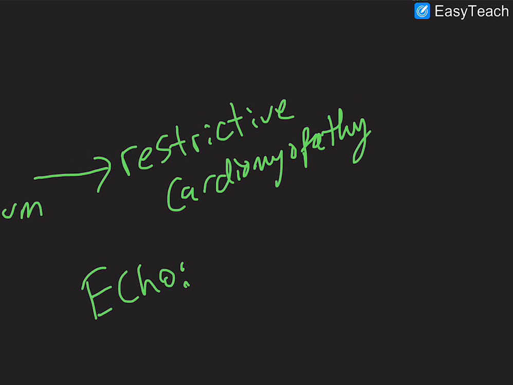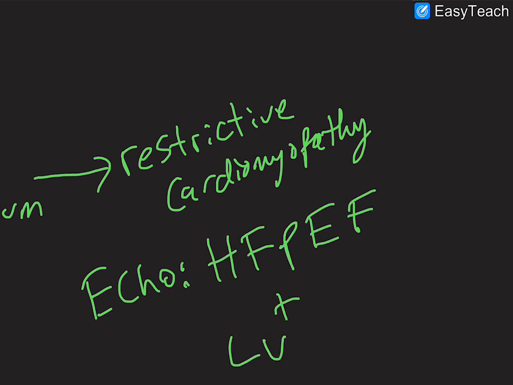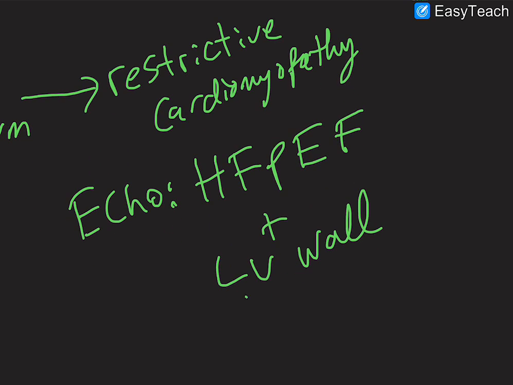So again, if you do an echo, you're going to see heart failure with a preserved ejection fraction with left ventricular wall thickening. So you're going to see diastolic dysfunction, because remember, restrictive cardiomyopathy is diastolic heart failure, but if you compare that to dilated cardiomyopathy, that's a systolic heart failure.